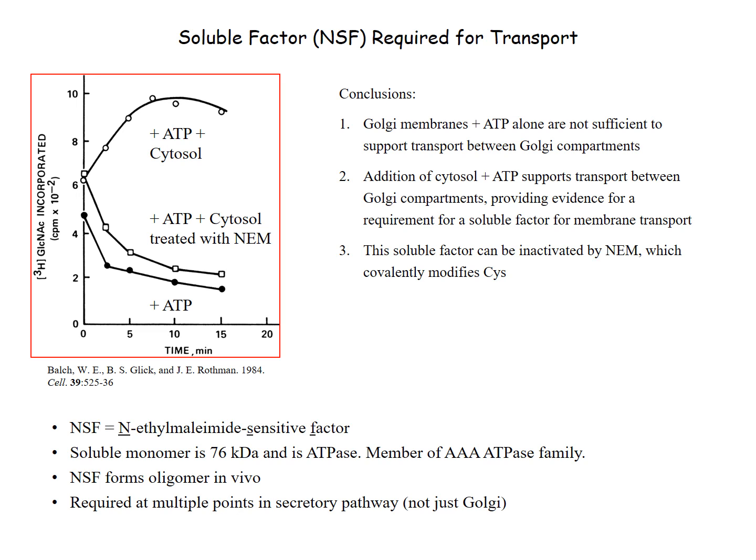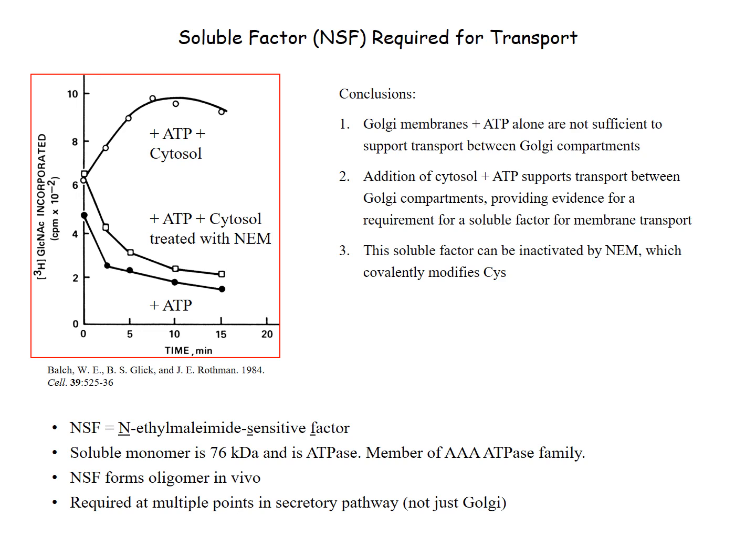So this protein was being acted on by that inhibitor. This protein is a monomer. It's an ATPase. It forms oligomers in a test tube, and NSF is required for multiple points in the secretory pathway, not just through the Golgi.